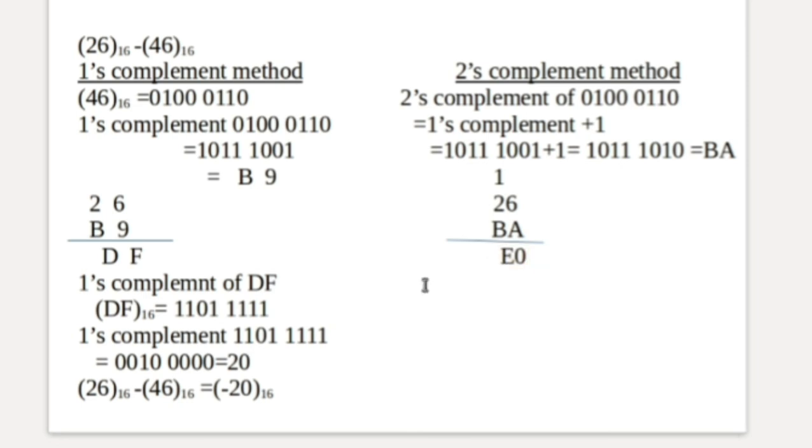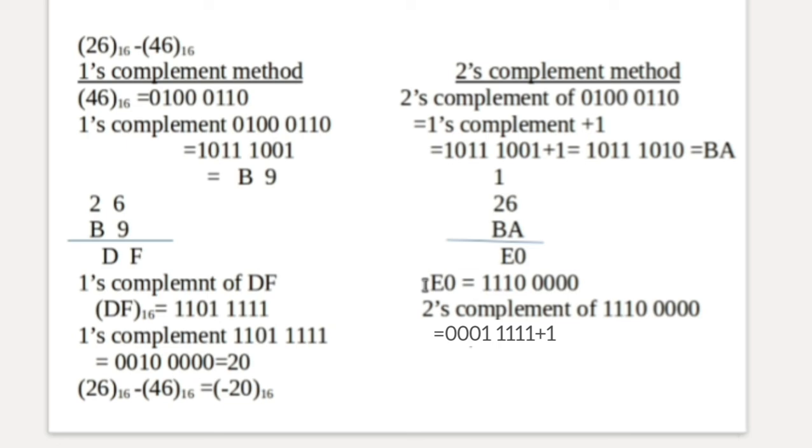So E0 is equal to 1110 0000. 2's complement of 1110 0000 is 1's complement plus 1, that is 0001 1111 plus 1, that is equal to 0010 0000.